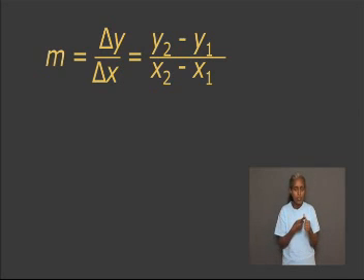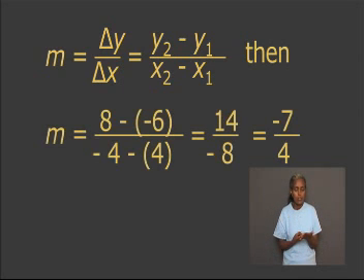First, we apply the general equation for slope. M is equal to delta y over delta x, which is equal to y2 minus y1 over x2 minus x1.